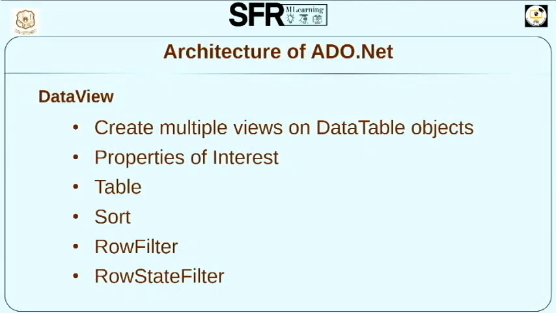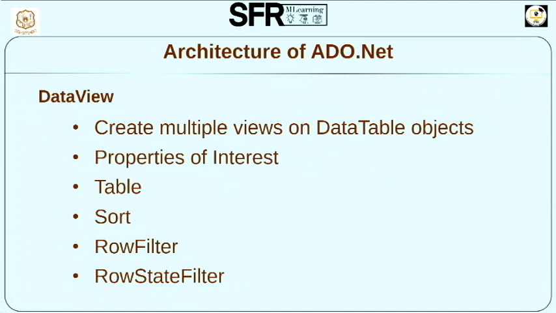Next one is the data view. It is used to create multiple views on data table objects. It is bindable to user interface controls. Its properties of interest are table, sort, row filter and row state filter. Table retrieves or sets the associated data table. Sort is used to get or set the table sort columns and sorting order.